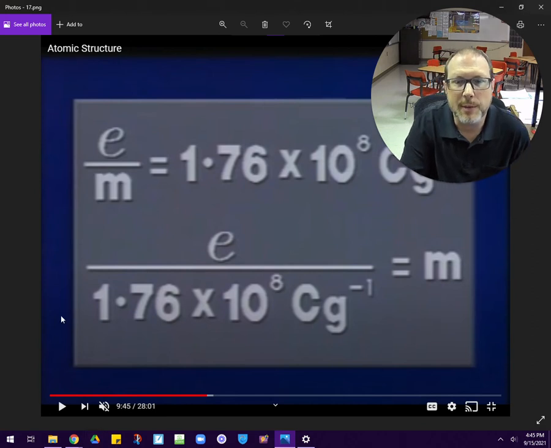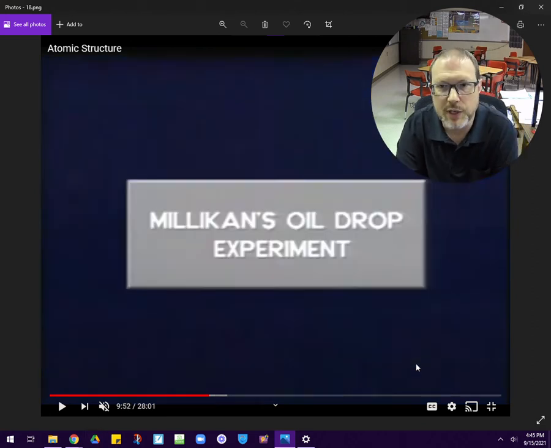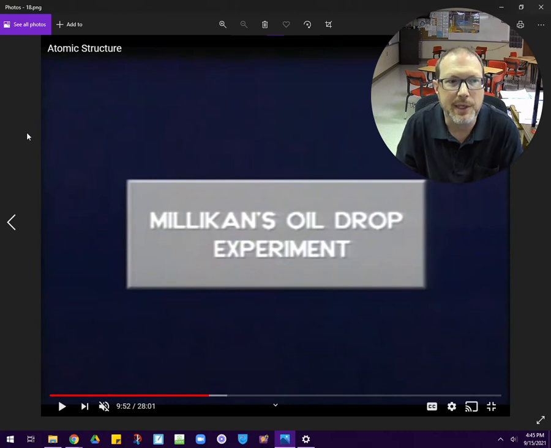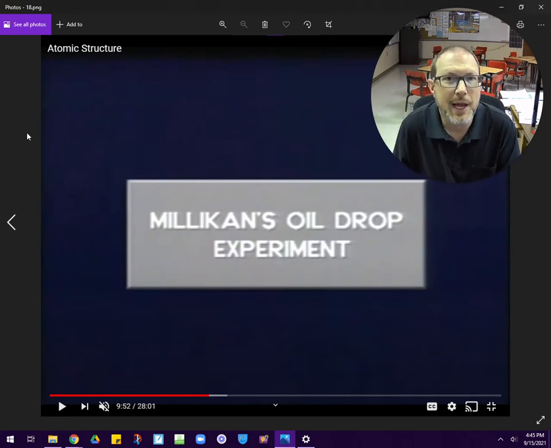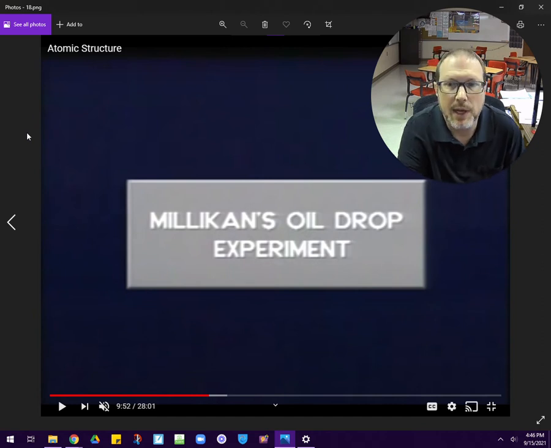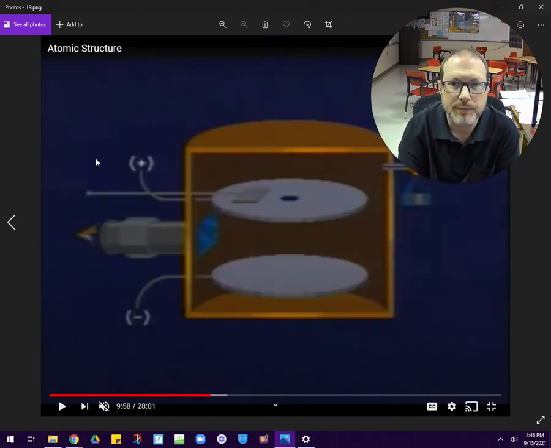Now, the next experiment we'll talk about, a gentleman by the name of Robert Millikan, built something to try and measure the exact charge and therefore find the exact mass of these cathode ray particles. And his apparatus looked something kind of like this. You had a box, basically. And inside of that box, you again had negative and positive electrodes.